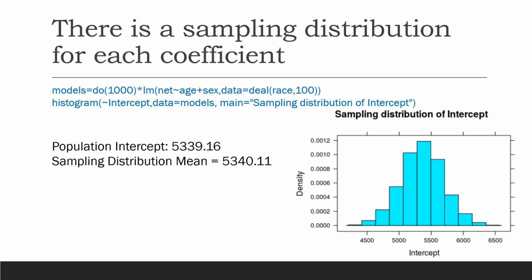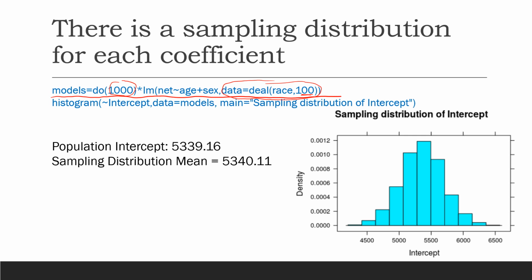Now to create the sampling distribution, I used the do function to take 1,000 different random samples from that race data, each one of size 100, and for each one I fit this model.